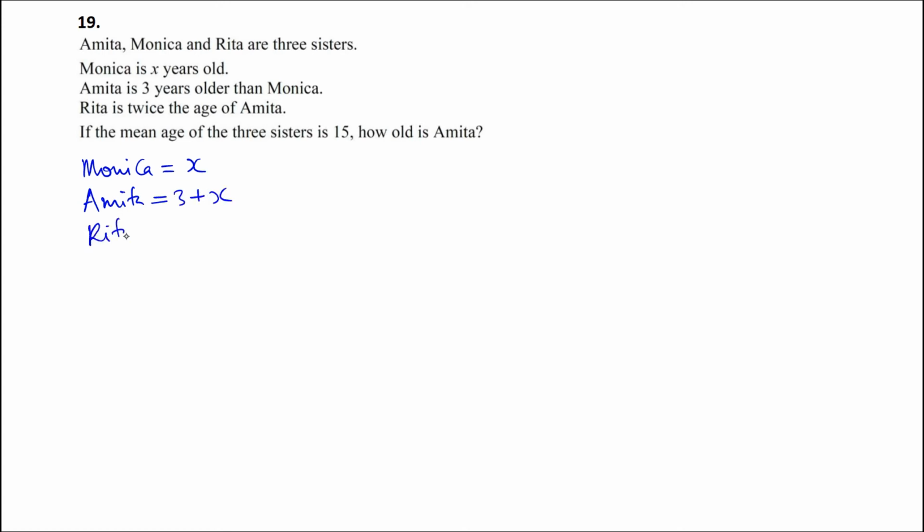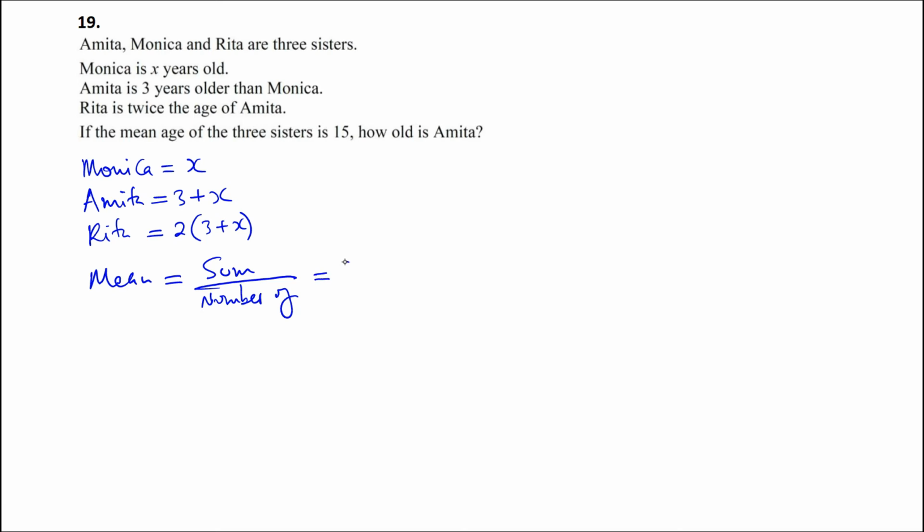And then Rita is twice the age of Amita. Right. So the mean age of the 3 sisters is 15, and we know that mean is equal to the sum of the ages divided by the number of people.